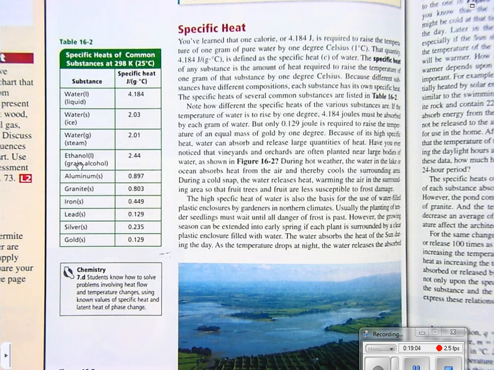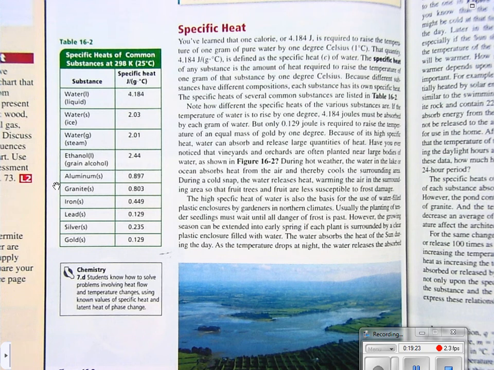But here we're also seeing ethanol. Now ethanol, which is grain alcohol, what state is this in? The state matters. It's liquid, isn't it? Do you see the L there for ethanol?